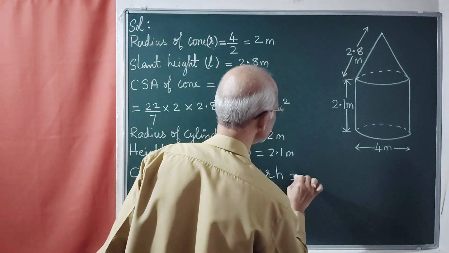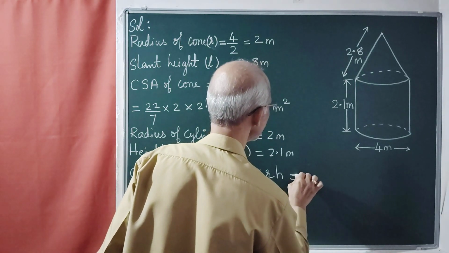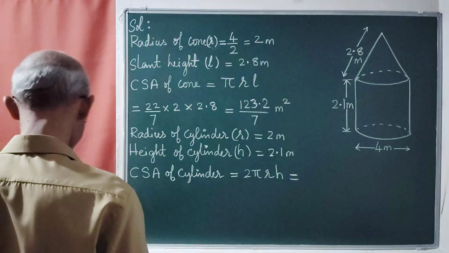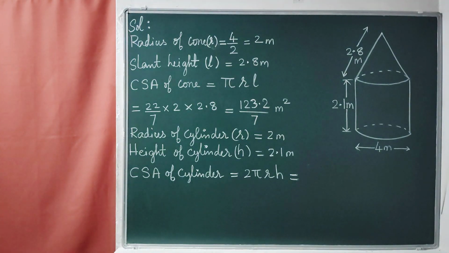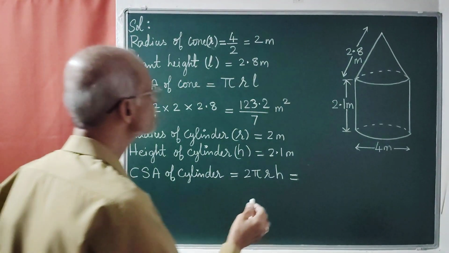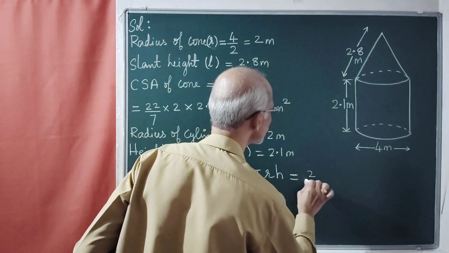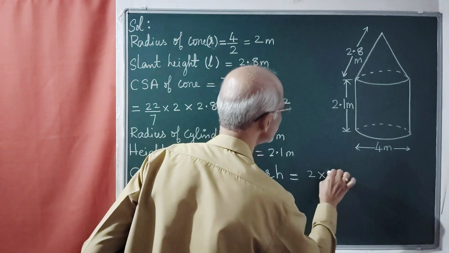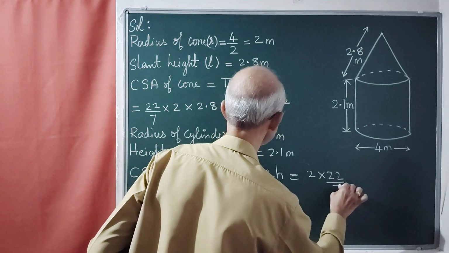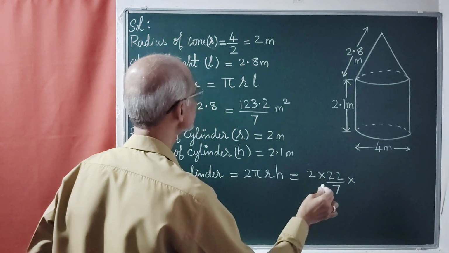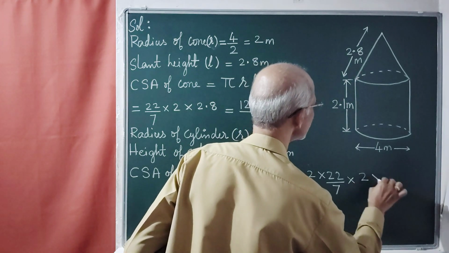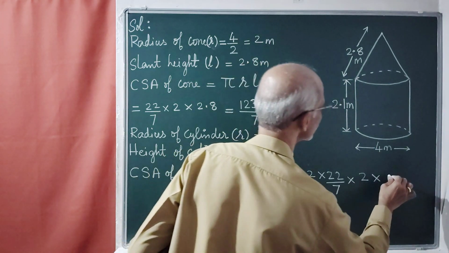That's equal to 2 into 22/7 into R, R is 2, into H, H is 2.1.